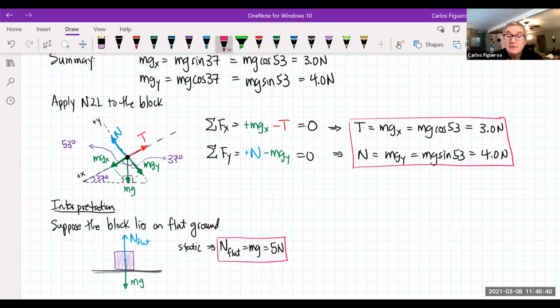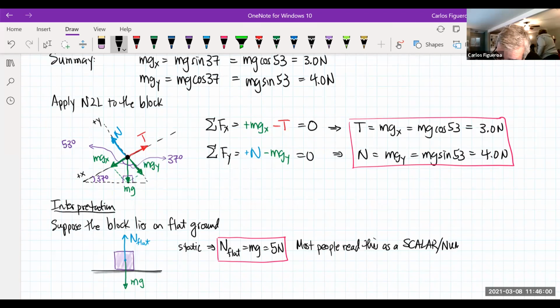So the weight is interpreted to be a scalar. Most people read this as a scalar, right?